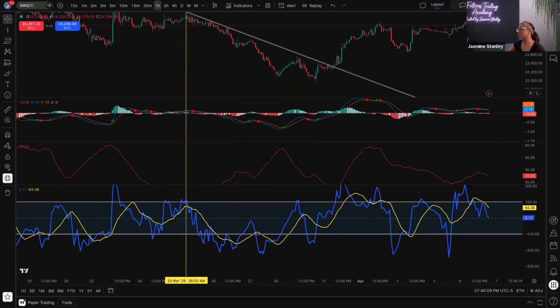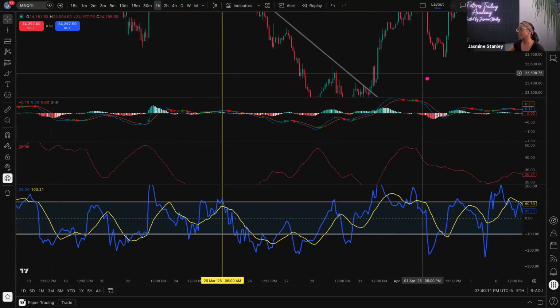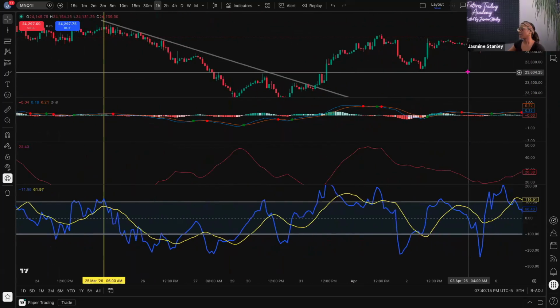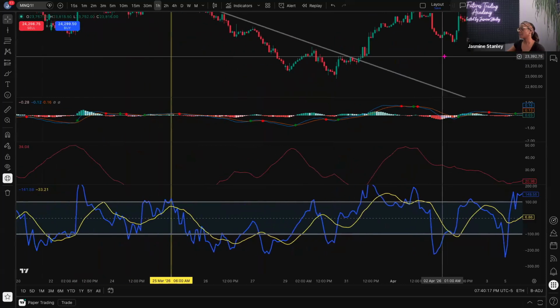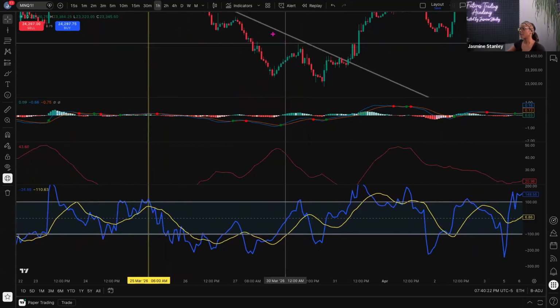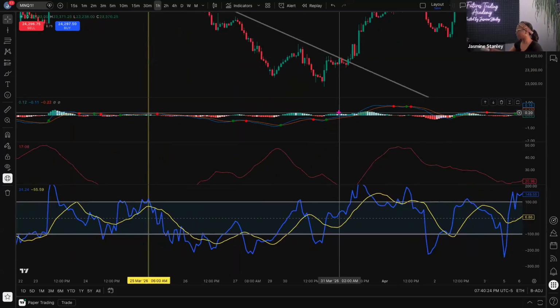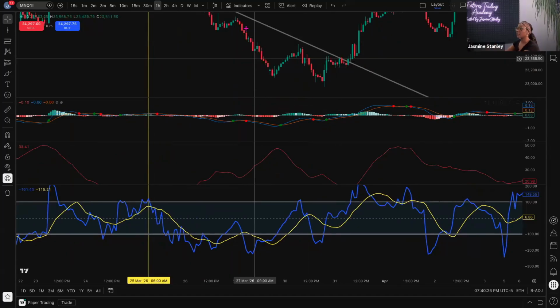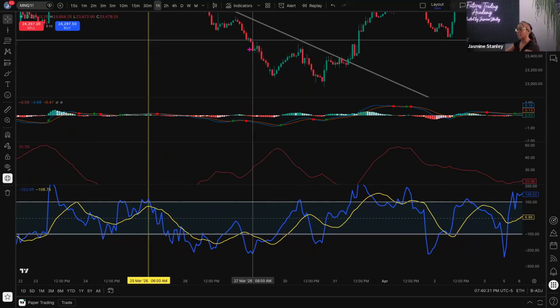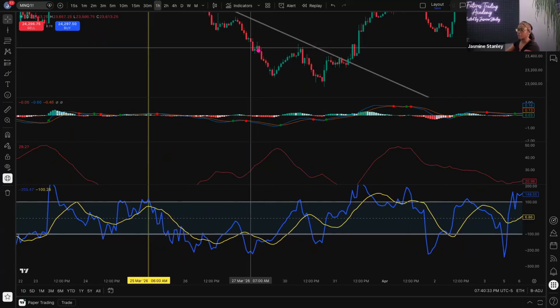Let me make this bigger, in case anybody has a hard time seeing. If I look to my left, what can I see? In this whole downtrend right here, all these red candles, I see what? Right here, some green candles.